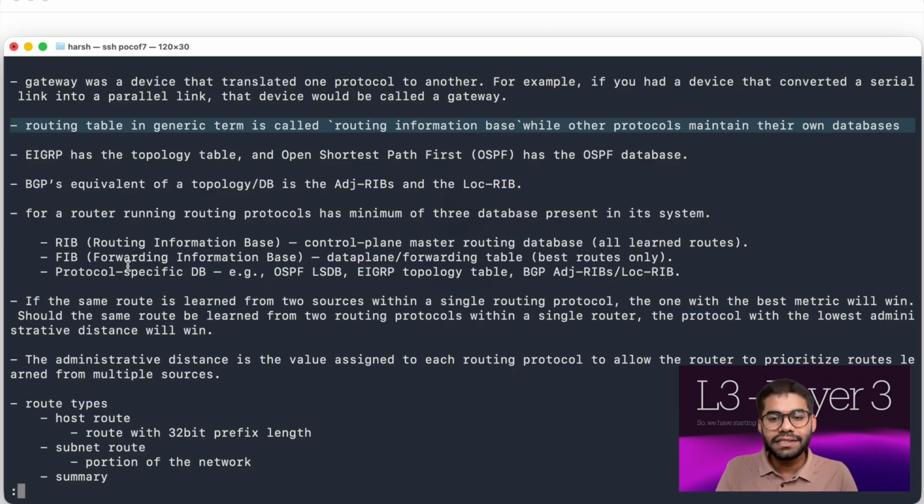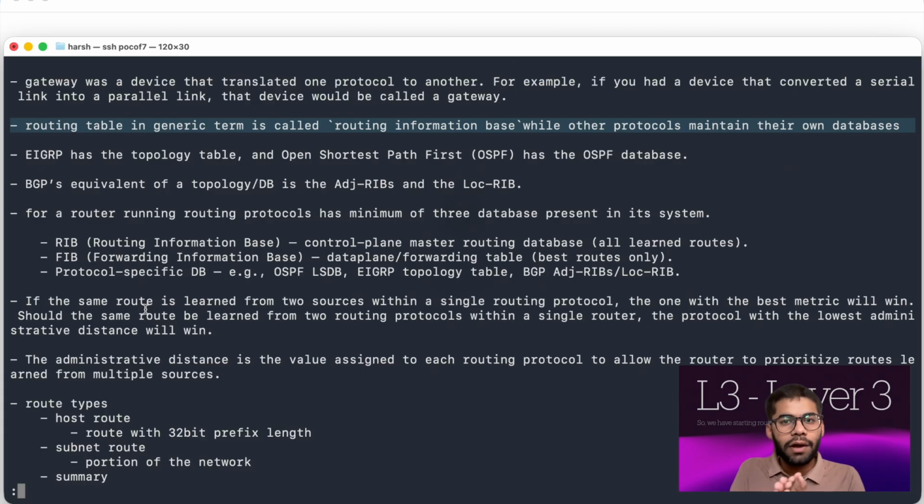Okay, the same line: the one with the best metric will win. Should the same route be learned with two routing protocols within a single router, the protocol with the lowest administrative distance will win. So I have told you about administrative distance first, which is a comparison between routes of two protocols to finalize what goes in the routing information base.